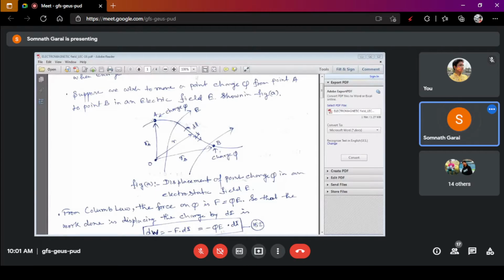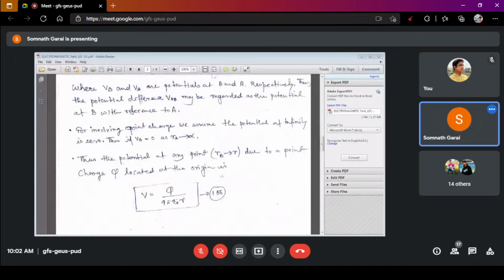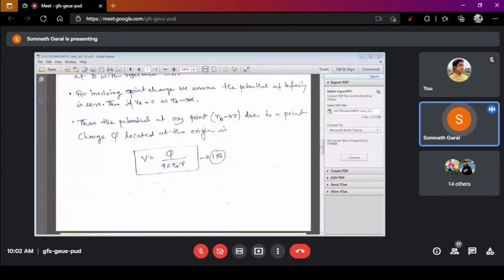That means point A is situated at infinite distance from O, and point B is situated at a distance of r. That means RB tends to r and RA tends to infinity, then the potential difference V is denoted by Q by 4 pi epsilon naught into r.